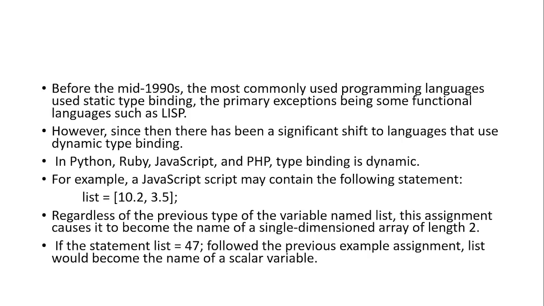If the statement list equals 47 followed the previous assignment, list would become the name of a scalar variable. Depending on the value assigned to a variable, it takes the type of that value.